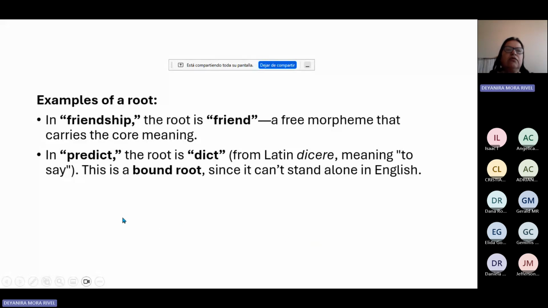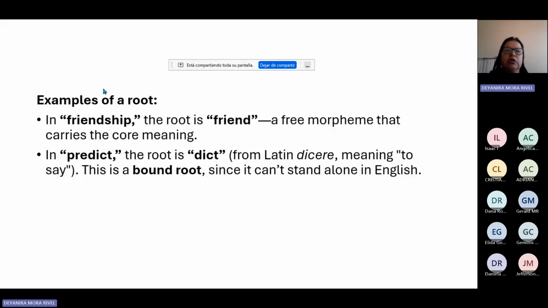Okay, so in friendship, can we divide friendship? Yes, we can divide it into friend and ship. Now, ship has a different meaning on its own, which is a boat, a big boat, let's say, something that navigates.